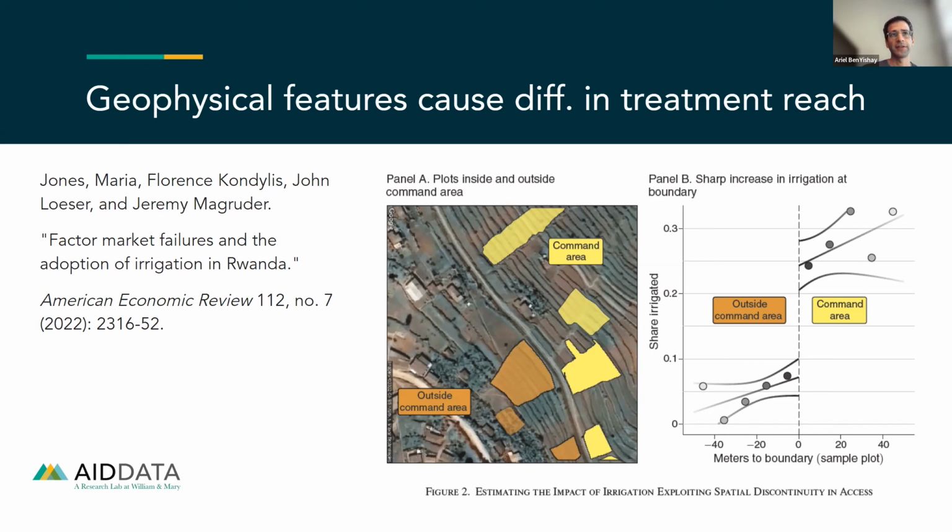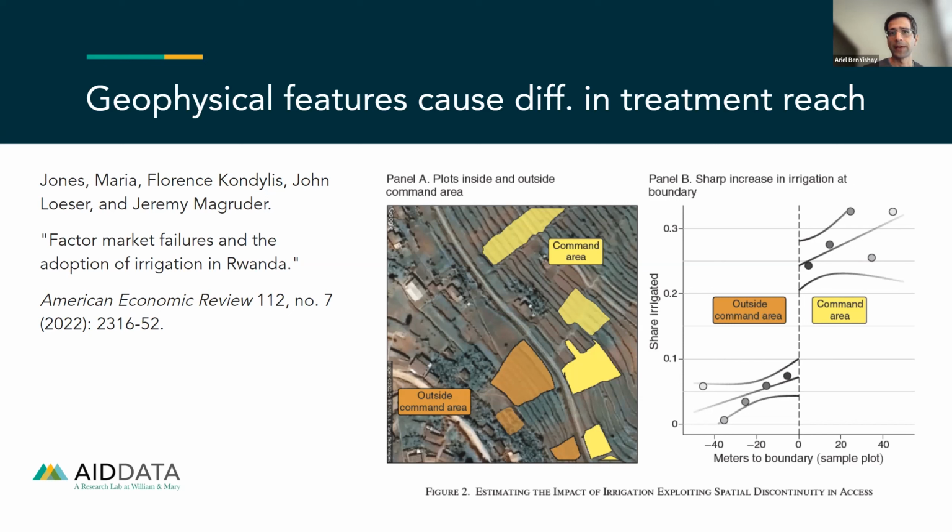In this particular case, irrigation in Rwanda, the irrigation canals and lines were determined by geophysical features. This was the slope necessary to maintain good flow through the canal origins and then down to the bottom of the destination.